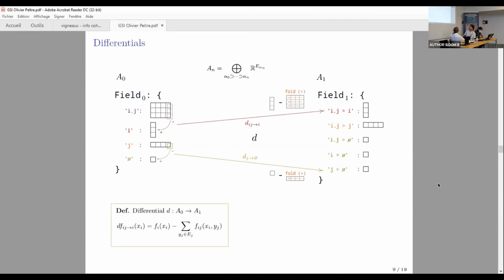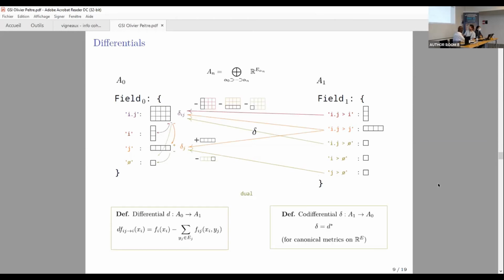And you do this for every arrow. So on the right here, you have the set of keys, which are all these inclusions. And so by duality, you get the dual map the other way around, which is a co-boundary.